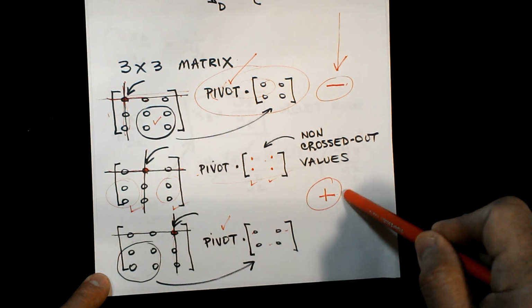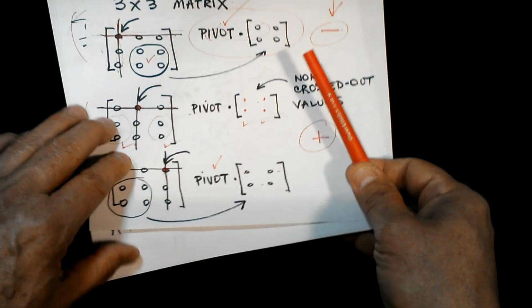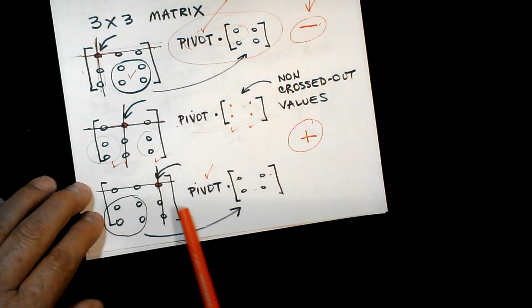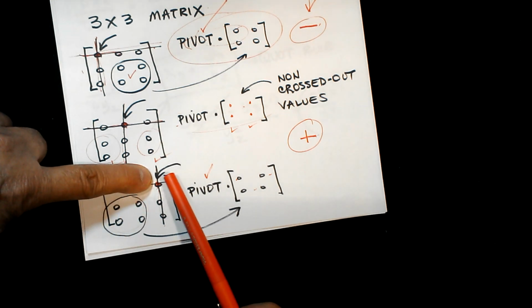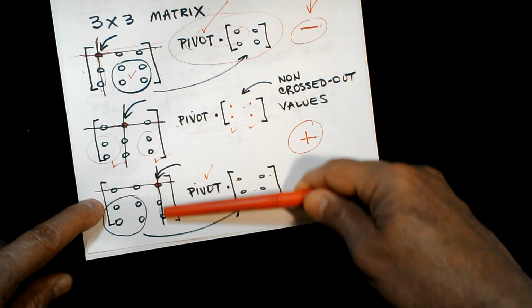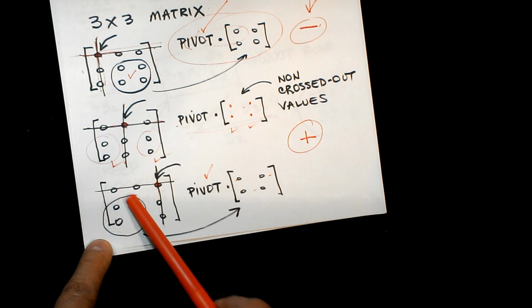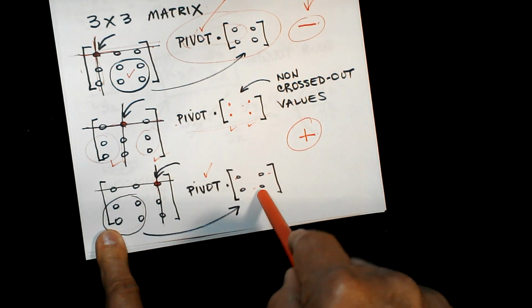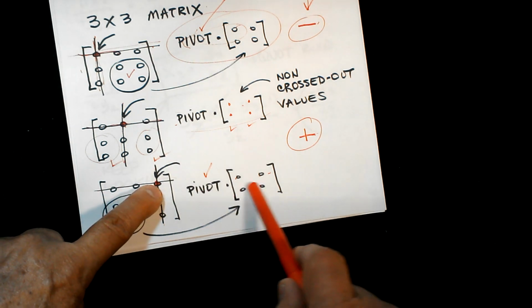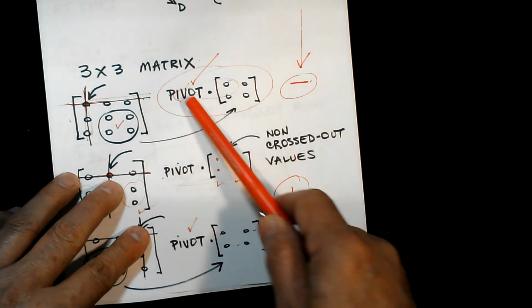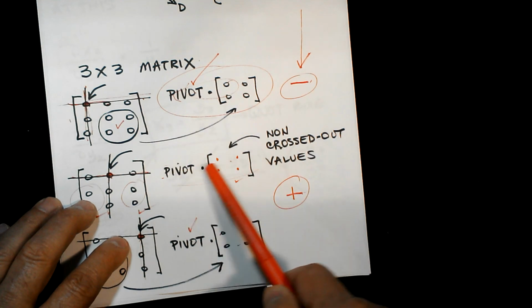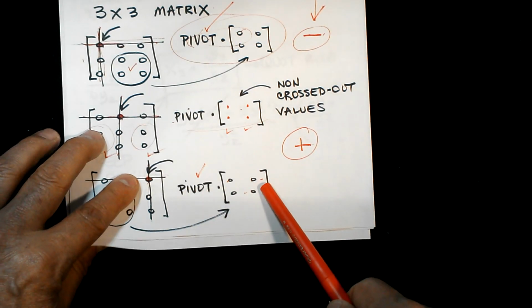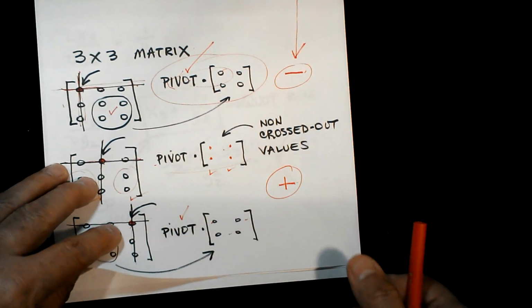Plus, you put a plus before you do the third pivot. Here is the third pivot. I marked it with an arrow. Cross the row, cross the column. We have these cells that are going to come into this 2 by 2 matrix. This pivot multiplies this cell, which means pivot times 2 by 2, minus pivot times 2 by 2, plus pivot times 2 by 2. This is going to give the determinant.